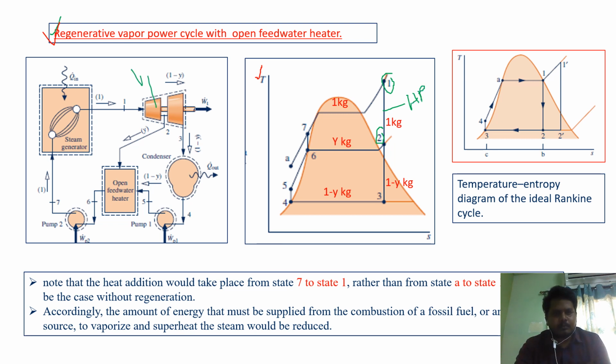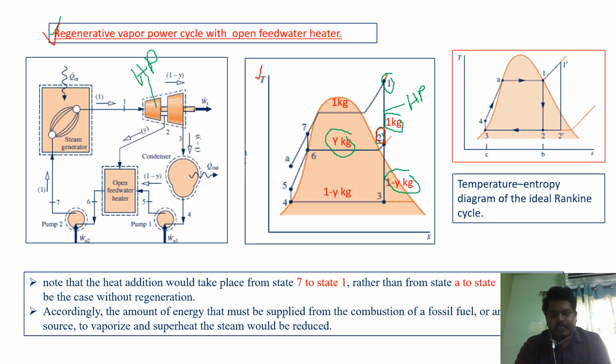So this is the high pressure turbine. Here 1 kg mass of fluid is expanding through the high pressure turbine. After expanding through the high pressure turbine, at point 2, Y kg mass is extracted. So the remaining mass is 1 minus Y kg.